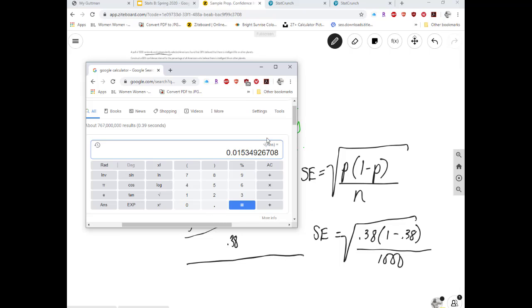0.0153. And notice again, the standard error goes out many, many decimal points. So when I round this to 0.02 or 0.015 or 0.0153, I'm still cutting off a lot over here. So all this is going to lead to error ultimately.